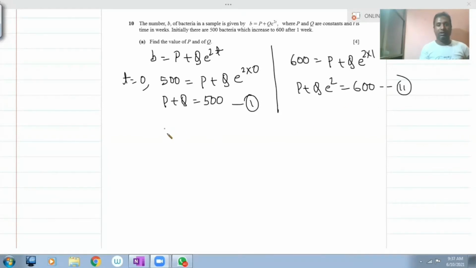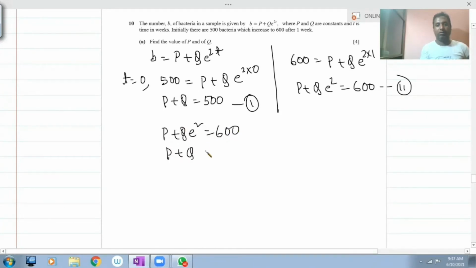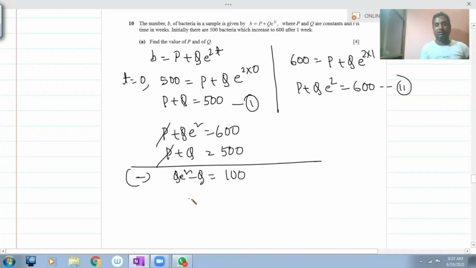This is equation number 1 and this is equation number 2. P plus Q e squared equals 600, P plus Q equals 500. Let us subtract. P subtracted becomes 0. Q e squared minus Q becomes 100. So Q is common: Q times e squared minus 1 equals 100.